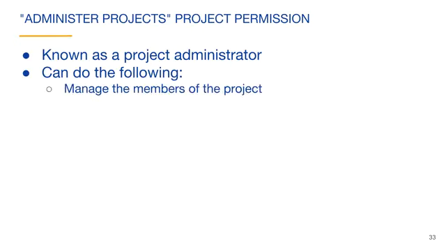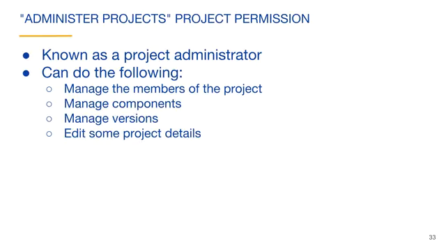They can manage the members of the project. They can manage components, which are a way to group a subset of issues in a project. They can manage versions, edit some project details, such as the project name and description, create boards, and define issue-level security, which allows them to increase the security of issues in the project.